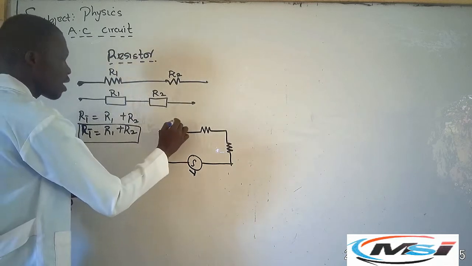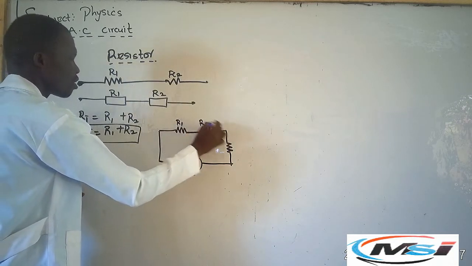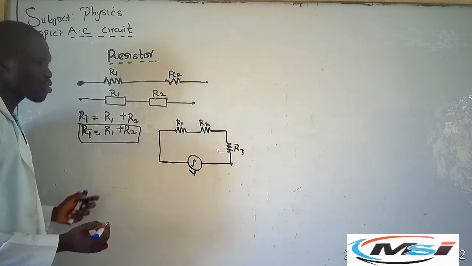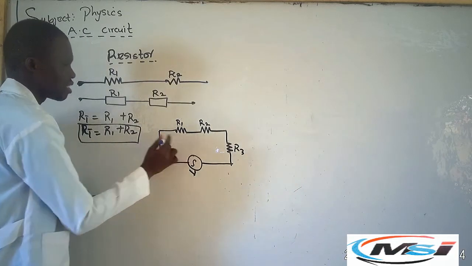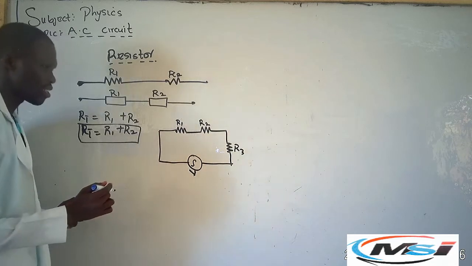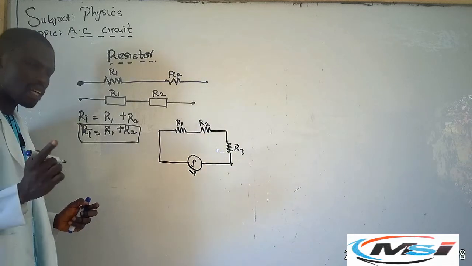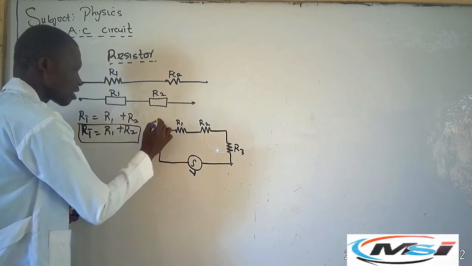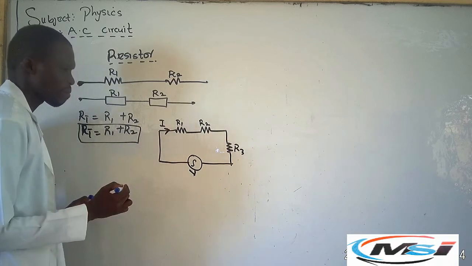This is R1, R2, and R3. Now I want to find the total resistance here, and take a look at this. Current flow through this, we call it I.